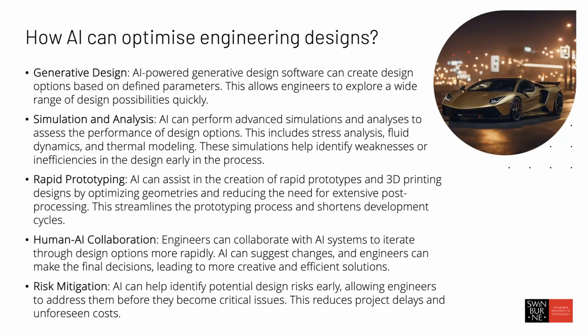During the process of machines and humans working together, engineers can collaborate with AI systems to iterate through design options more rapidly. We can also utilize AI to identify anomalies. In this way, we can mitigate engineering risks early, allowing engineers to address those risks before they become a disaster.